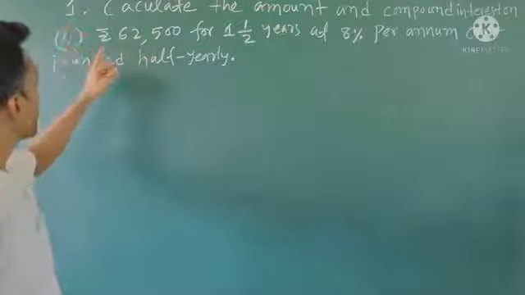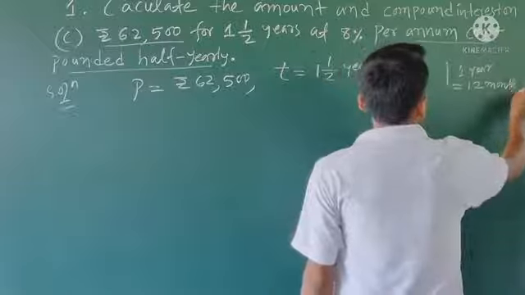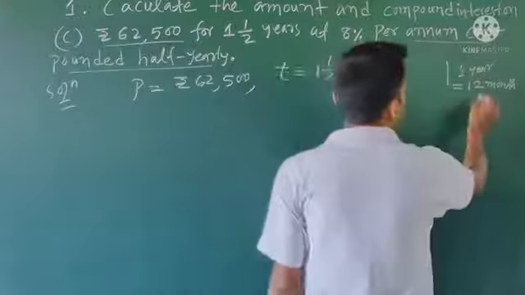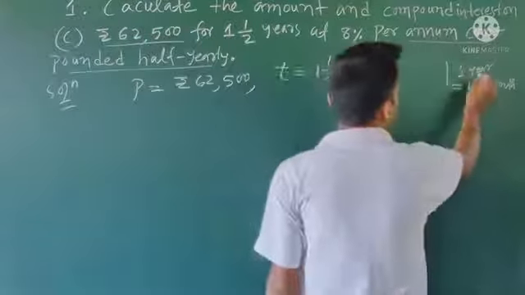So here interest is given compounded half yearly. So you have to find how many half years there are in 1.5 year. In a year we have 12 months. A half year means 6 months.